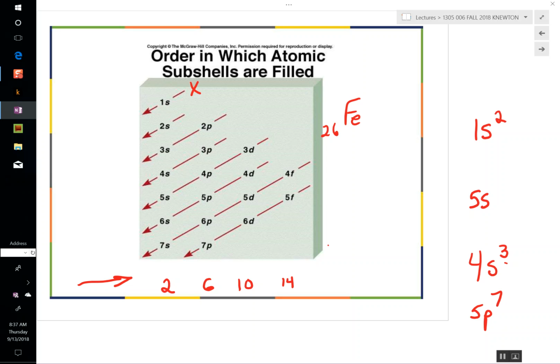Group 8A. We're going to call this an octet. Noble gases have an octet of electrons in their outermost energy level. They have an octet. All right? We don't need to go any further than that right now.